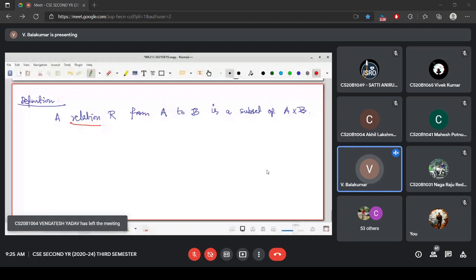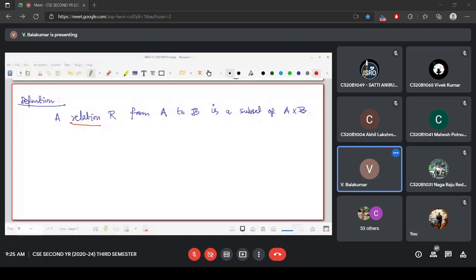Have you heard those terms? Somebody say yes or no. Have you heard about symmetric relation, anti-symmetric, reflexive, equivalence relation, all those things?